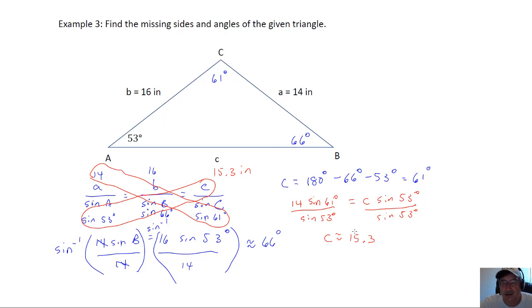And I ended up with the first set of solutions here. C is 15.3 inches. So you can again see that the largest side is opposite the largest angle, smallest side opposite the smallest angle, and so forth. But wait, there is more. Just hang on here a second.